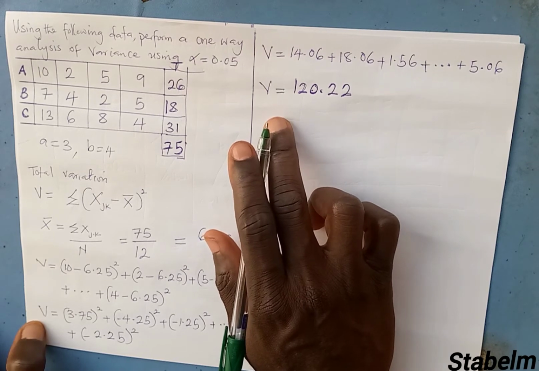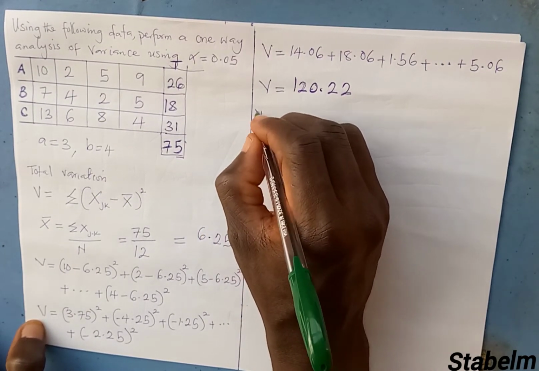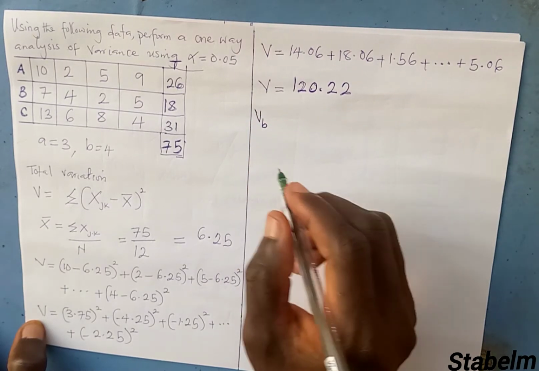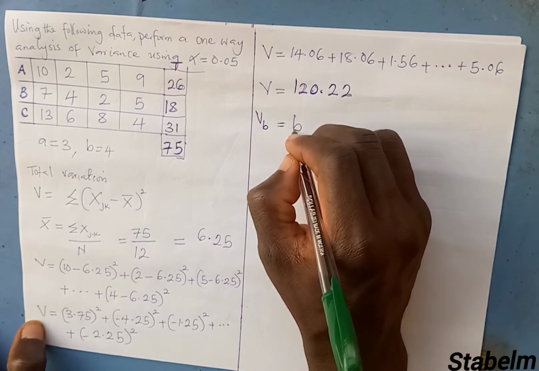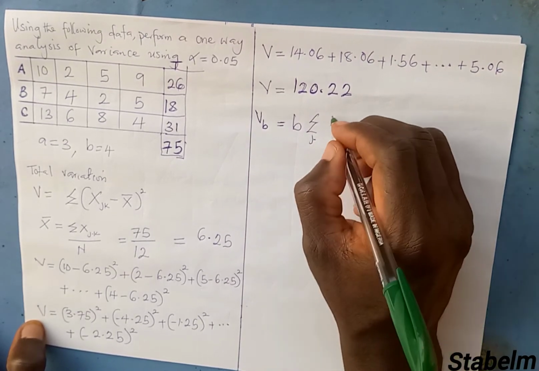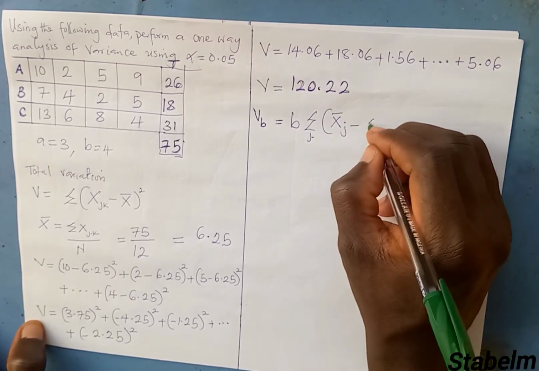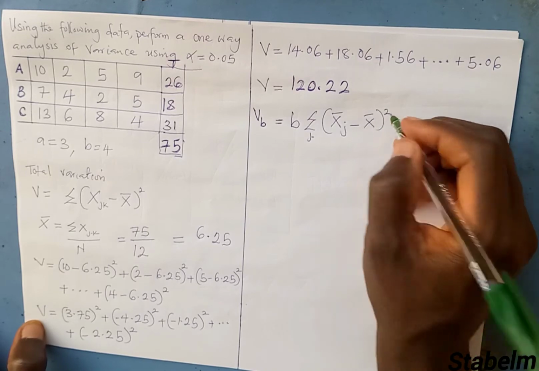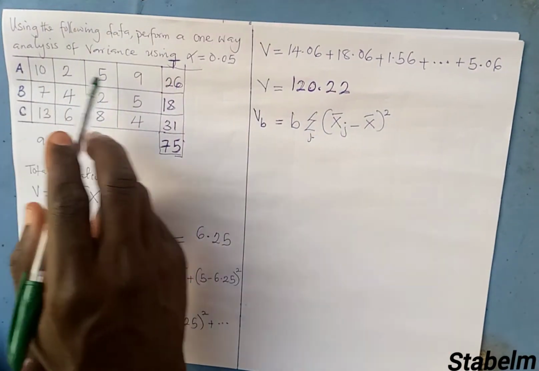So after this now, we need the variation between, and this is the formula: a b summation j dot into bracket x bar j dot minus x bar all raised to power 2. The x bar j dot means the mean of each group.